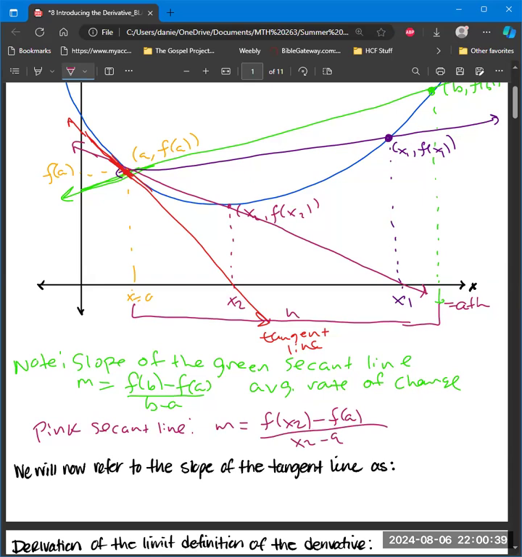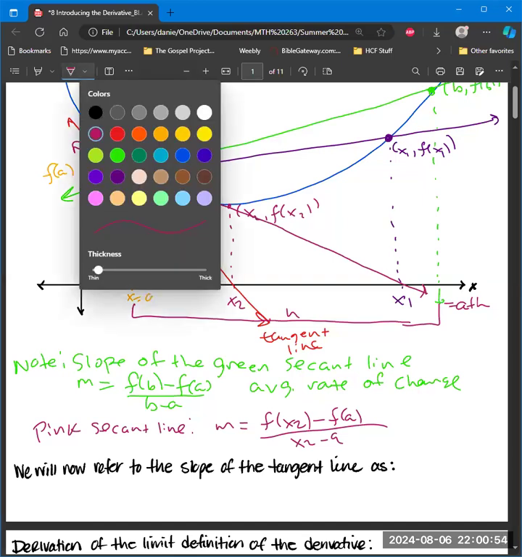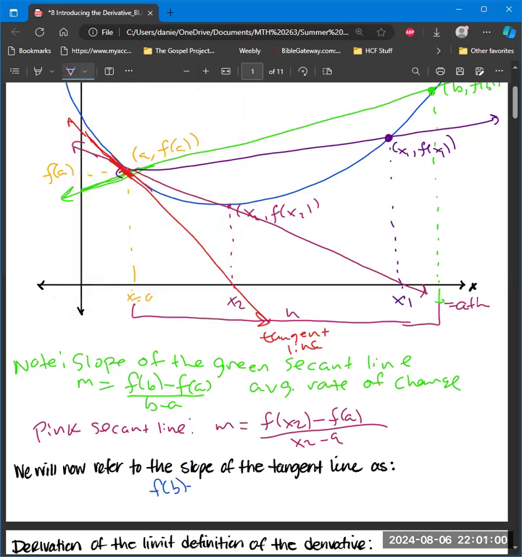And because b is equal to a plus h, we can make a substitution here, and we can say that f of b minus f of a over b minus a is going to be f of a plus h minus f of a over a plus h minus a, which is h.